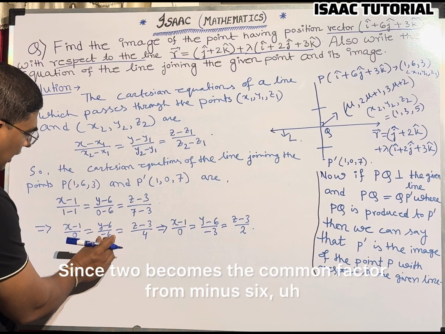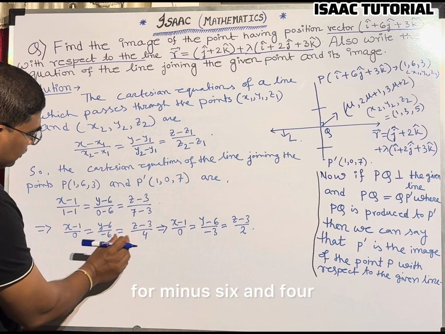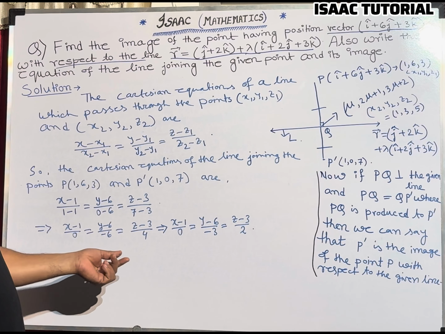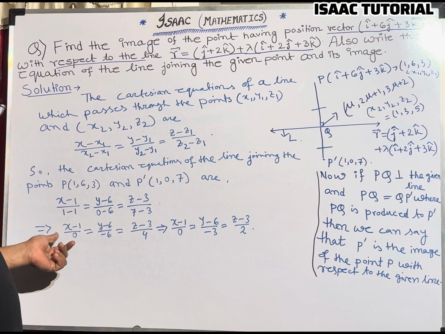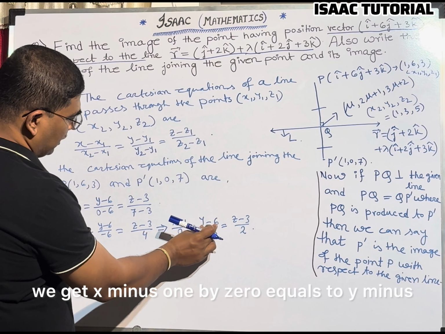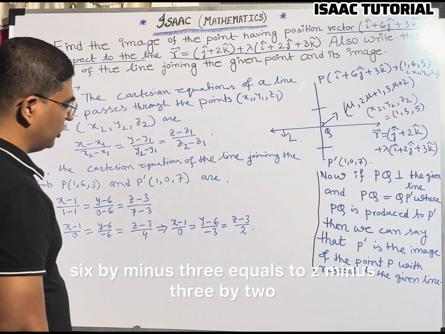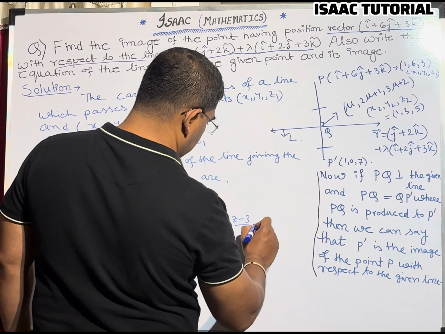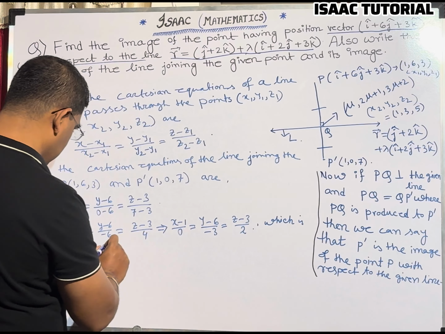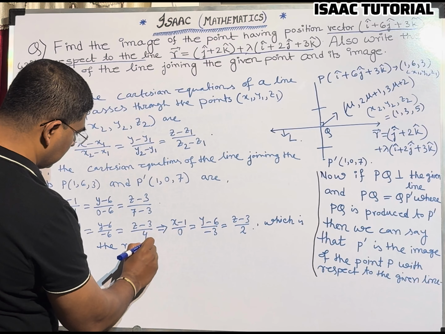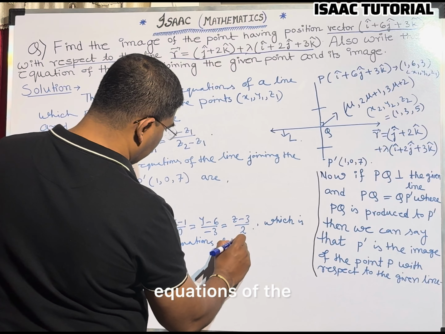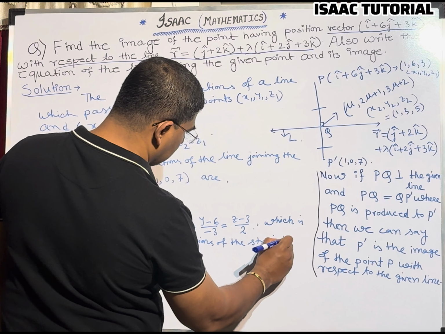Since 2 is the common factor of minus 6 and 4, we can take that common factor, and after taking that common factor 2, we get x minus 1 by 0 equals y minus 6 by minus 3 equals z minus 3 by 2, which is the required equations of the straight line.